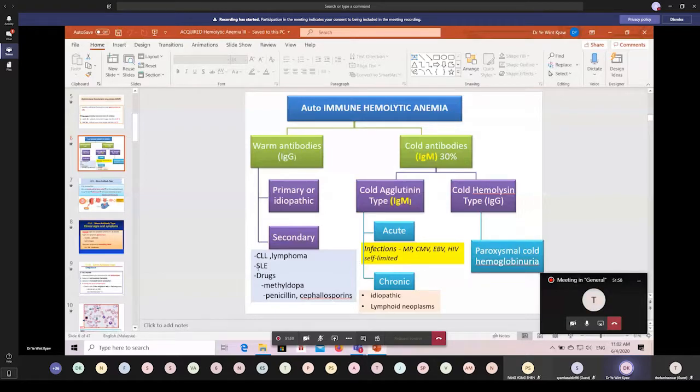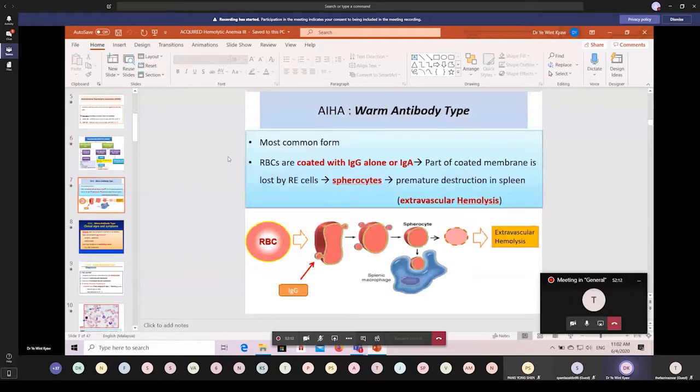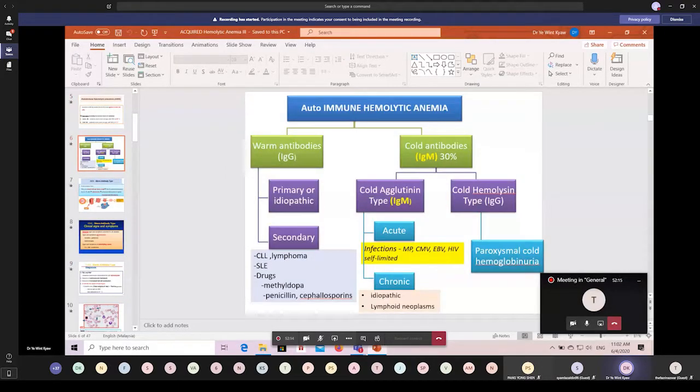And you should better know warm antibody more, because this disease is more common. If I compare warm and cold, warm antibody is more important than cold antibody. Also, with warm antibody, there are too many diseases to see.